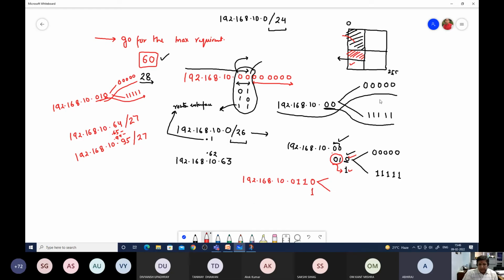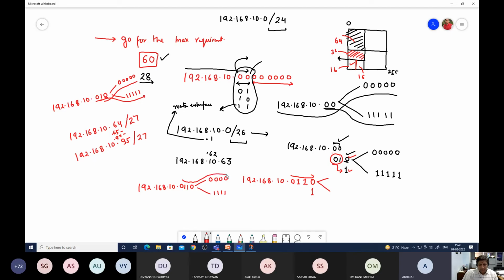So if you see, actually we are again dividing this particular thing into 2 equal parts. So 64 rather, then 32, then 16 and 16. Okay. So if you take the first combination, it is 192.168.10.0110, all 0 and all 1.